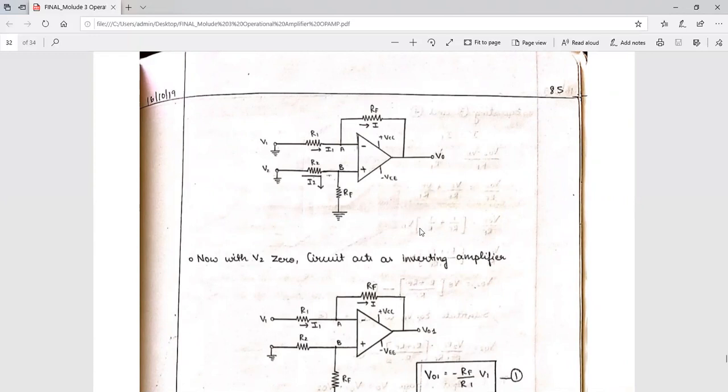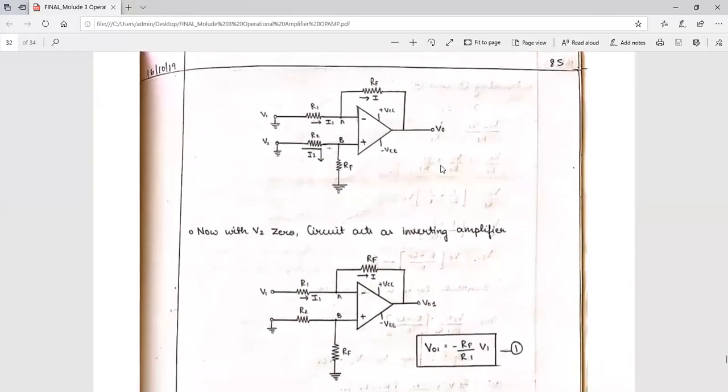So if you see this particular circuit, I am going to consider only V1, keeping V2 grounded, and check the V output 1. And again, for the next case, I'll consider only V2 and keep V1 at ground and see what will be the output expression. Clear?